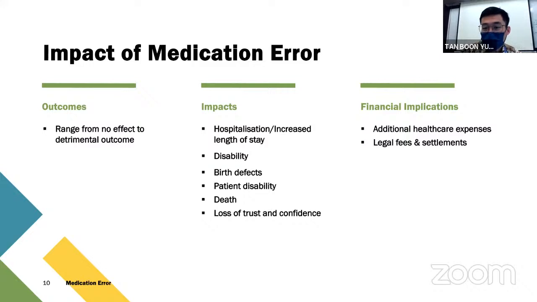And this will lead to financial implications, where the patient or the institution or national organization needs to pay additional healthcare expenses for the hospitalization, for the monitoring, for the legal fees and settlements.